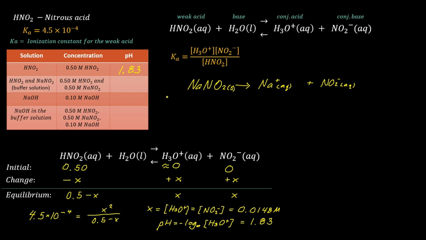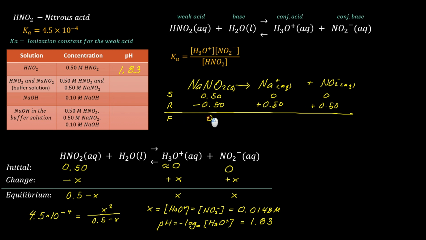Alright, so I'm going to place the initial value, start, reaction, and then final. Of course, we have 0.5 here, we have 0 at the start. Soluble salt, all of it will dissolve to produce the component cation and anion, so that after placing it to the solution, we don't have the solid salt anymore, we have the dissolved species.